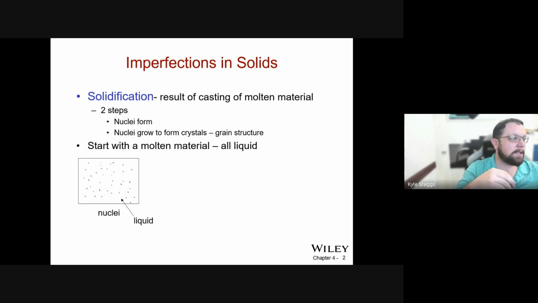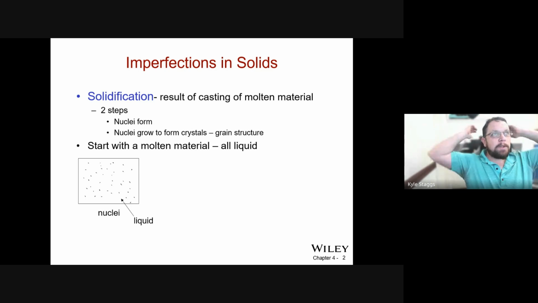There's a couple things that happen in this. You start with nuclei forming. We saw examples of that in the film from the ancient British example, where you got to see the crystals actually grow and form from the nuclei.